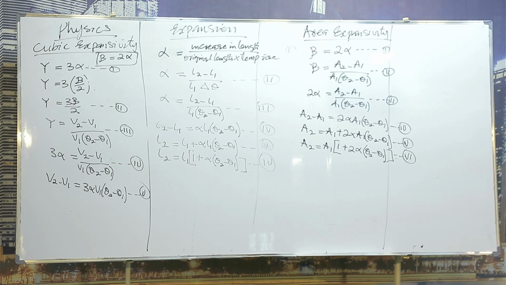A metal rod of length 400 millimeters at 10 degrees C is heated to 110 degrees C. Heated to 110 what? Degrees C. Full stop.